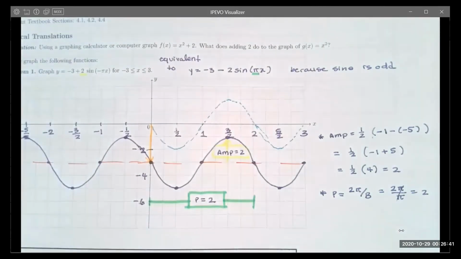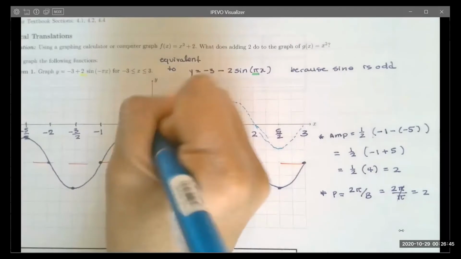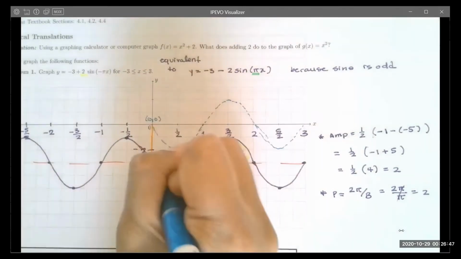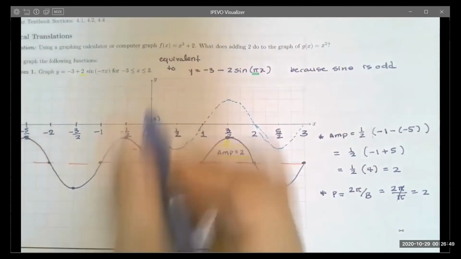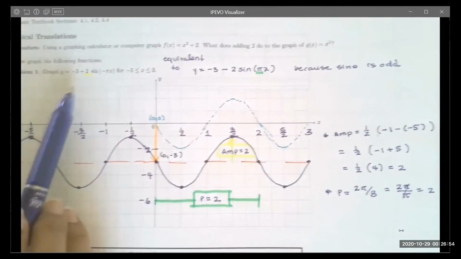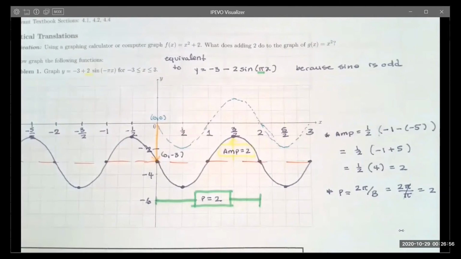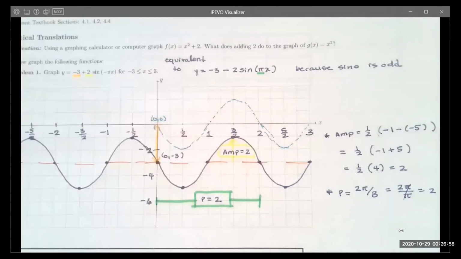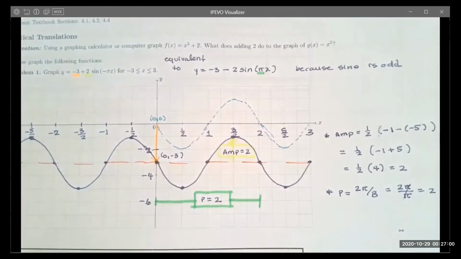So all of the points on the original graph, including this point (0, 0), are shifting down to now the point (0, negative 3). And that has directly to do with the negative 3 constant that is being added to the sine term. And so this is a shift down.